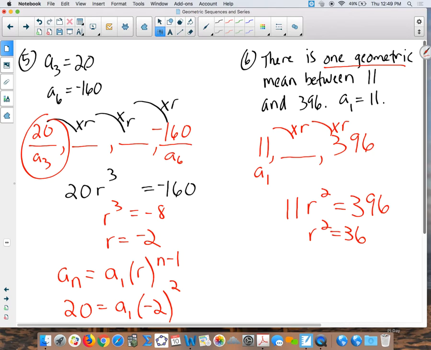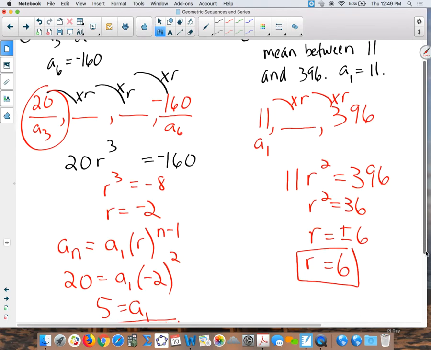And so r technically equals plus or minus 6. So sometimes you have to pay attention as to whether or not you're just forming a sequence or if it's a particular value that you're finding here. If I'm telling you that a sub 1 is 11, in order to get a sub 3 to be positive 396, I can only have my r being positive 6. Otherwise, I would have the wrong sign.